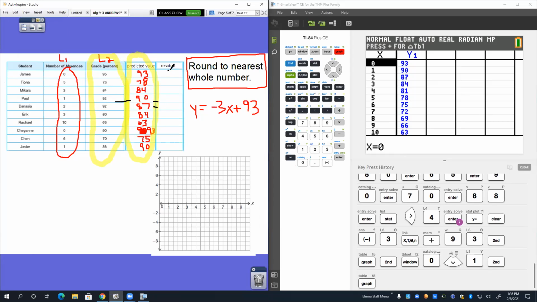So 95 minus 93 is 2. 73 minus 78 is -5. 84 minus 84 is 0. 92 minus 90 is 2. 92 minus 87 is 5. 80 minus 84 is -4. 65 minus 63 is 2. 90 minus 93 is -3. 70 minus 75 is -5. And 88 minus 90 is -2.